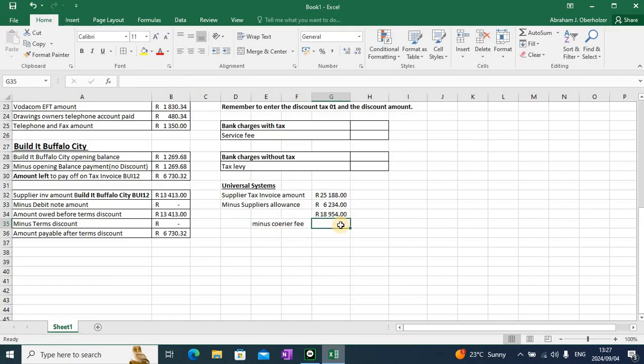So my courier fee was 252. Then we are going to get the amount for discount that we can use for 5% discount, that one minus 252.